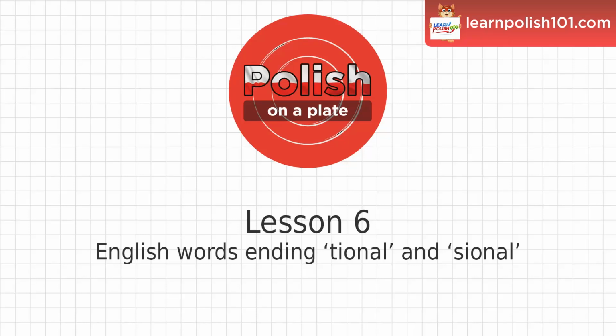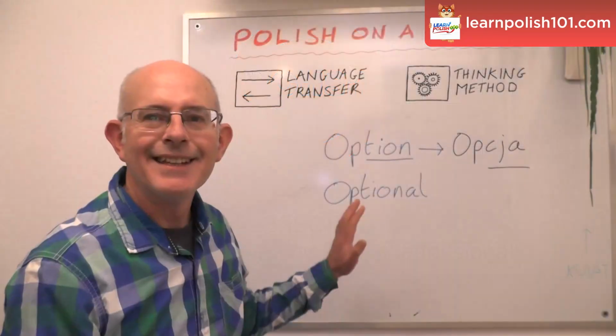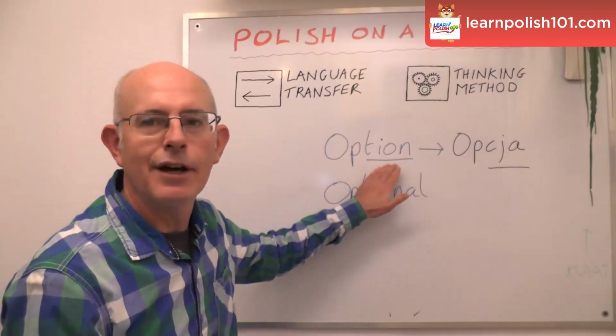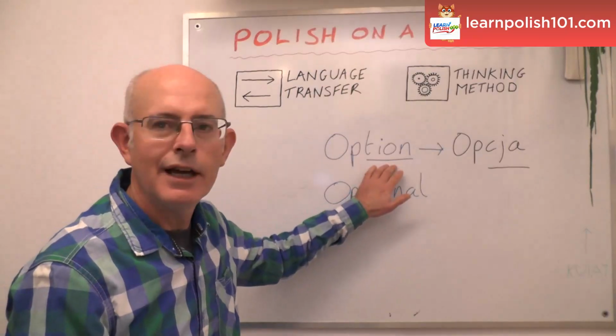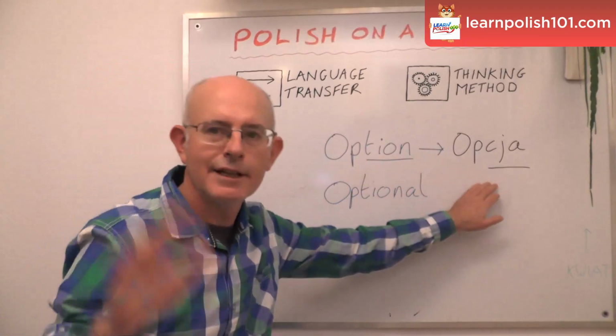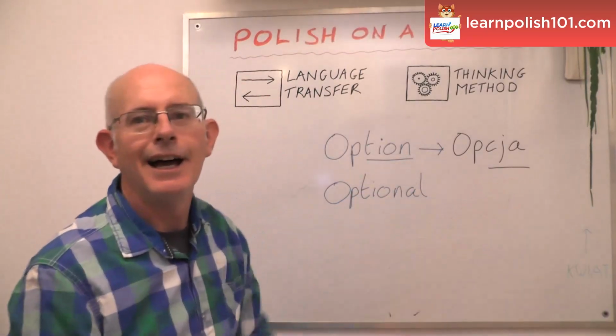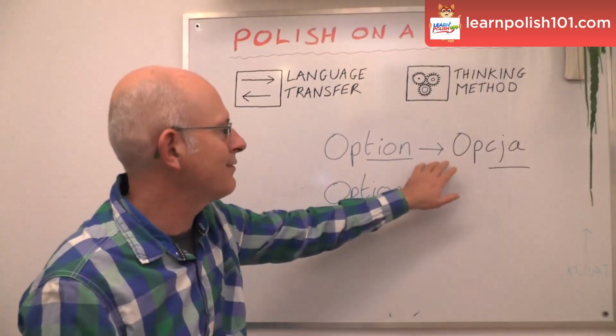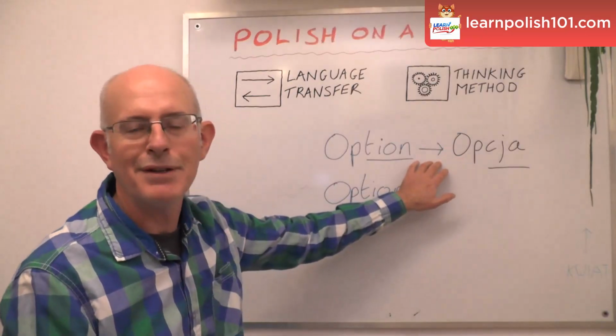Lesson 6, English words ending in -tional. In the last lesson we looked at how to take a word which ended in -tion and change it into the Polish by simply dropping the -tion and adding -cja. And that has given you a huge amount of vocabulary.